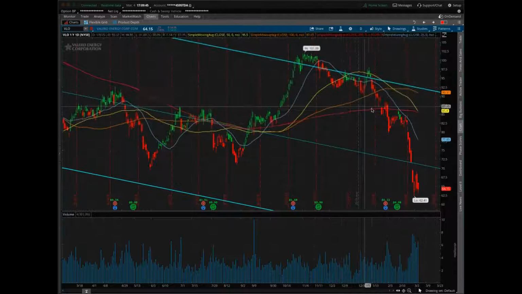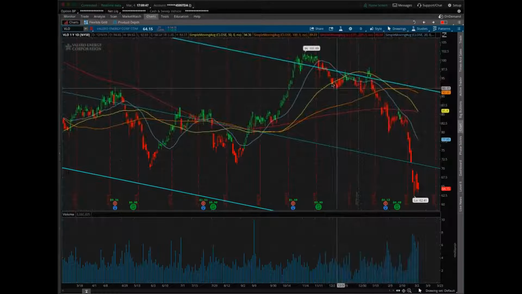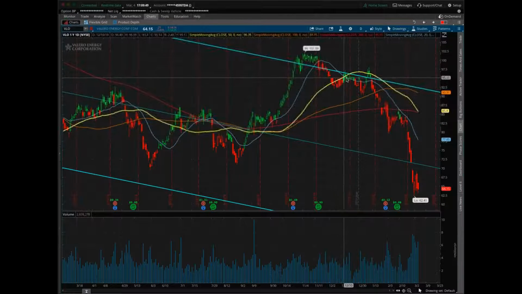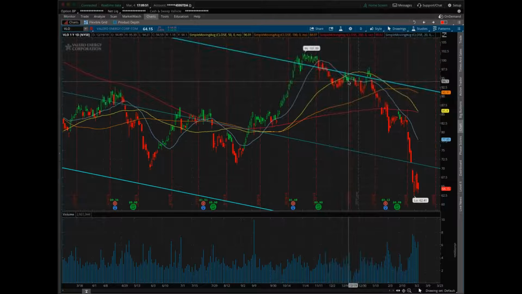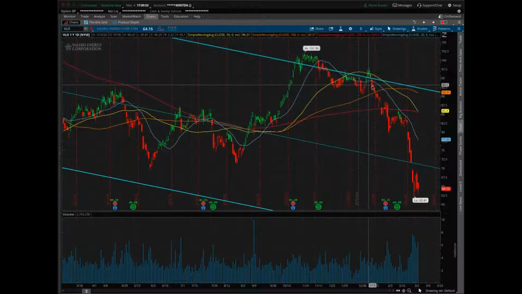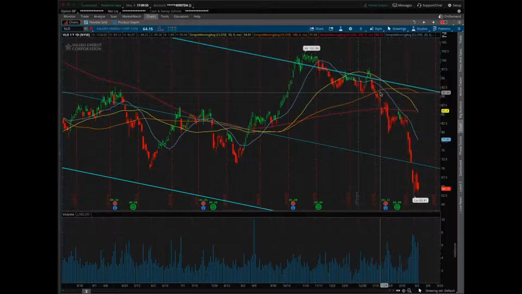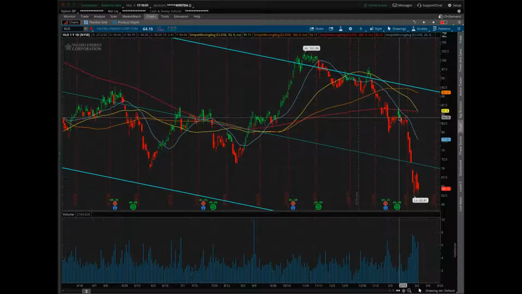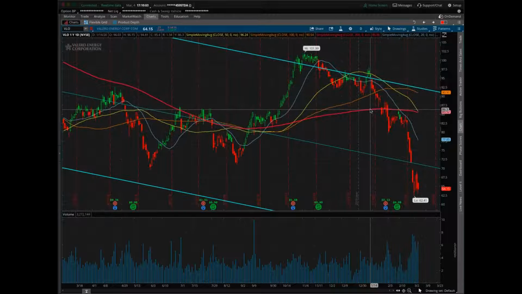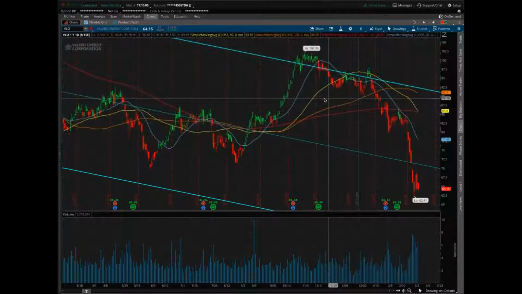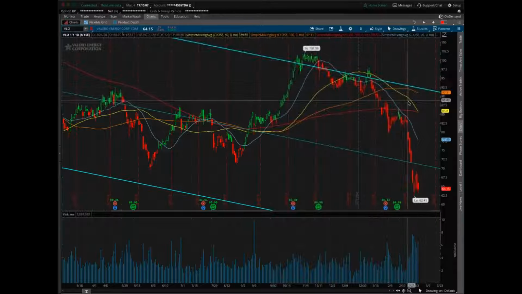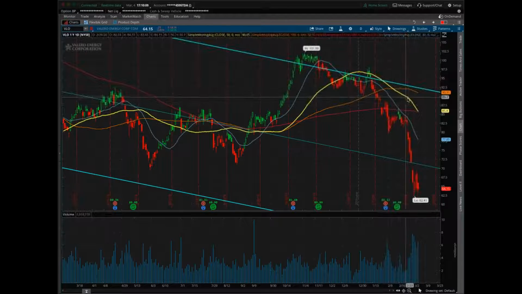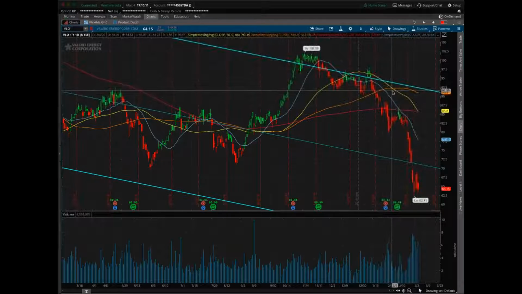So right here, what do we have? We have the 20-day cross over the 50-day, which is bearish. And then we had it cross over the 100-day, which is bearish. Then we had it cross over the 200-day, which is extremely bearish. Okay, but now we're getting an even more bearish signal because we have our 50-day cross over our 100-day, which is bearish.